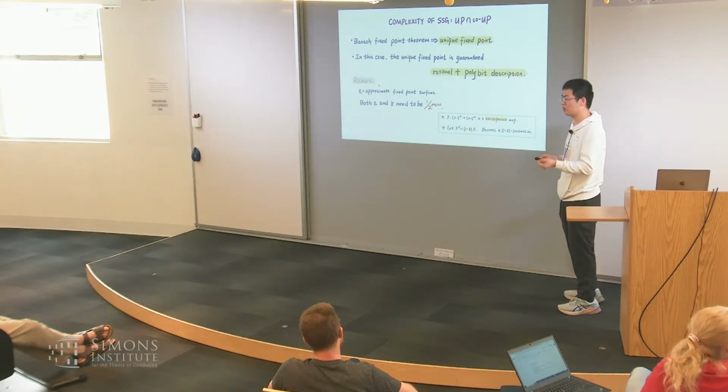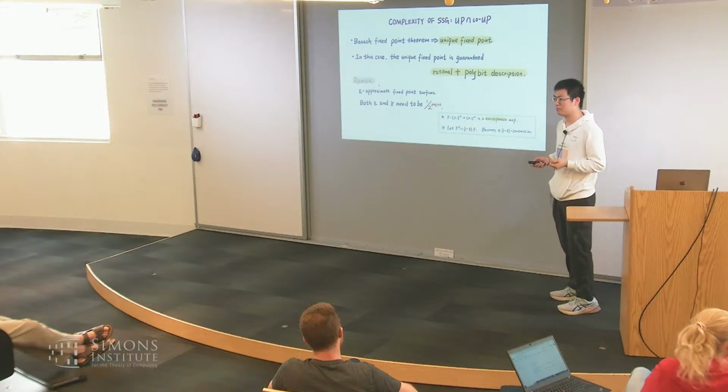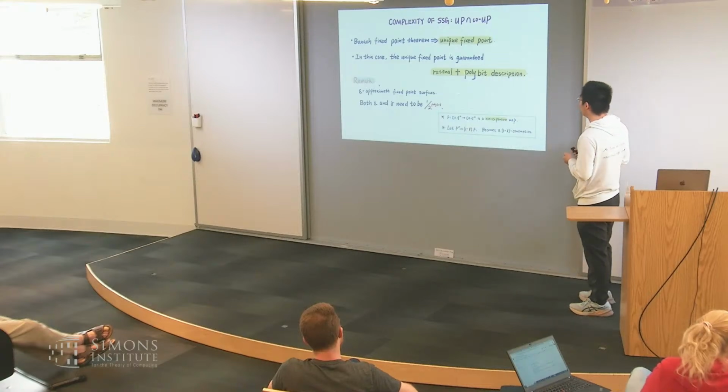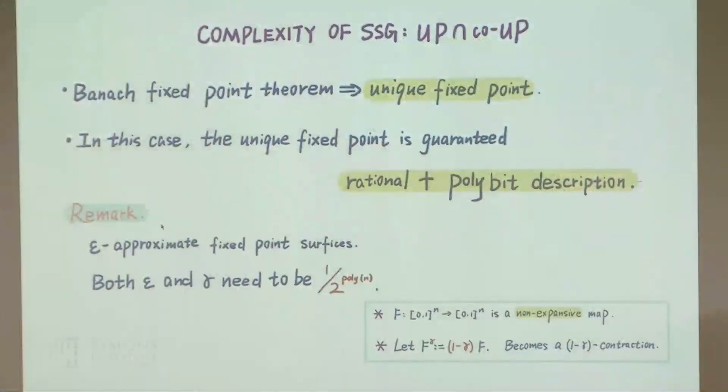So that's how we make it polynomial time. And in fact, if we don't care about this UP intersect co-UP upper bound for simple stochastic game, we can just find even not exact fixed point, even an epsilon approximate fixed point suffices, but that has to have very good approximation precision.